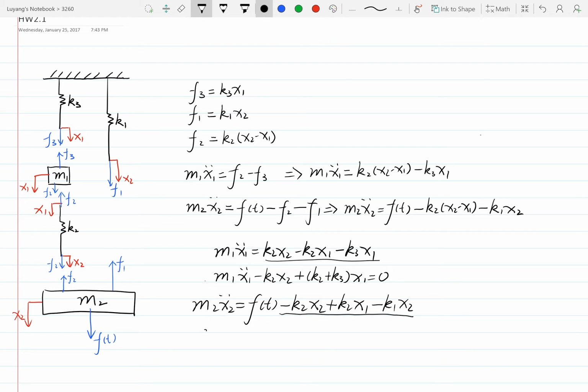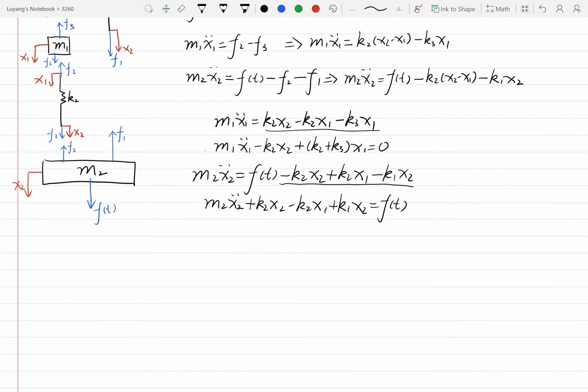Then we can get M2 times x2 double dot plus K2 x2 minus K2 x1 plus K1 x2 equals F of t.